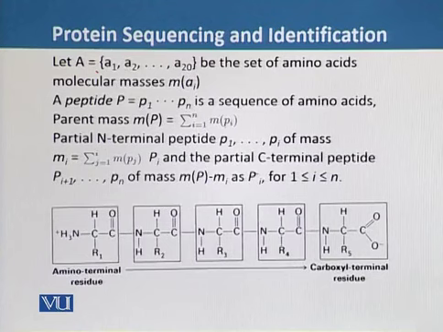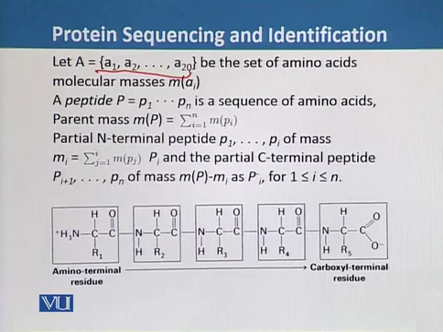Consider that A1, A2 up to A20 is the set of amino acids, each with a molecular mass MAi that we will calculate later, and a peptide P. We know that when we break the proteins, peptides are generated.